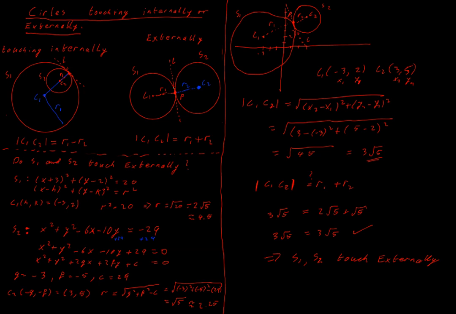As they have a common tangent, the same line goes through C1, C2 and P. So C1, C2 and P are collinear, lying on the same line. And that could theoretically be brought into an exam style question. But key figures for today are the sum of our radii for external touching, and the difference of our radii being the same as the distance between our centers for internally touching circles.